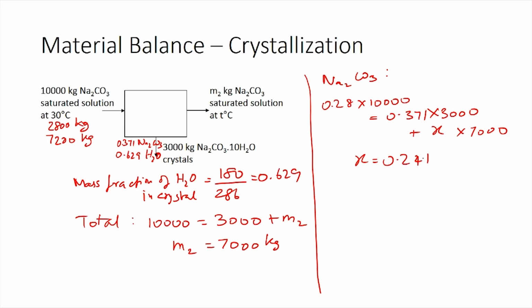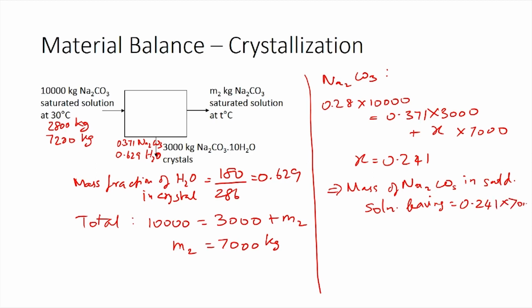So, based on this, the mass of Na2CO3 in the saturated solution leaving is equal to 0.241 times 7000, which gives you a value of 1687 kilograms.